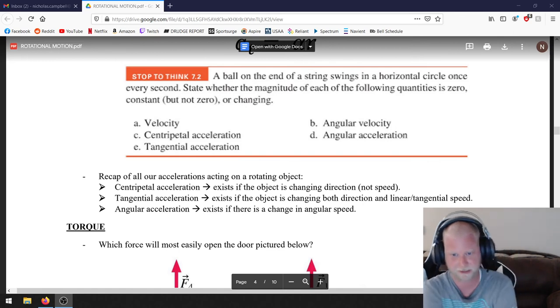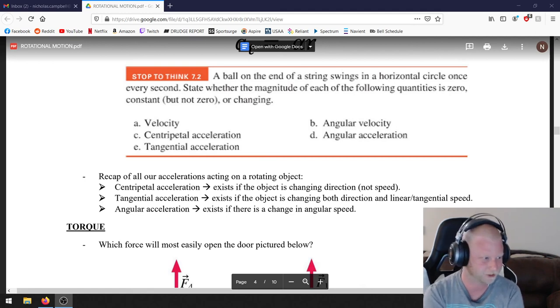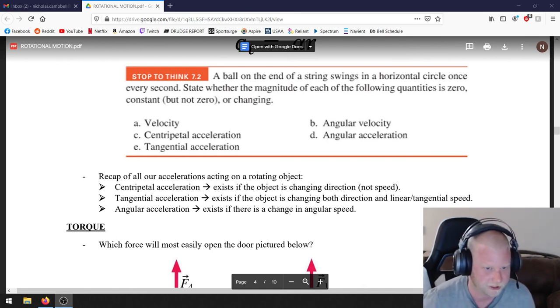Now B, your angular velocity, that would be constant, because again, you're sweeping through the same amount of area per unit time. You're sweeping through 2 pi radians every single second. C, your centripetal acceleration, that would be constant, right? Because your linear speed doesn't change, and the radius of the rotation of the ball doesn't change.